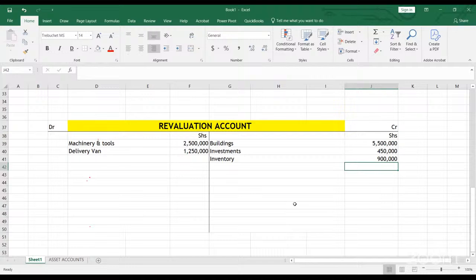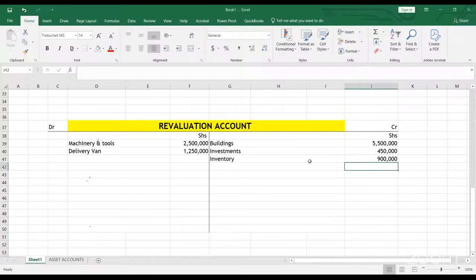So those are the accounts that were revalued. We have prepared the accounts for those assets that were revalued. There are 5.